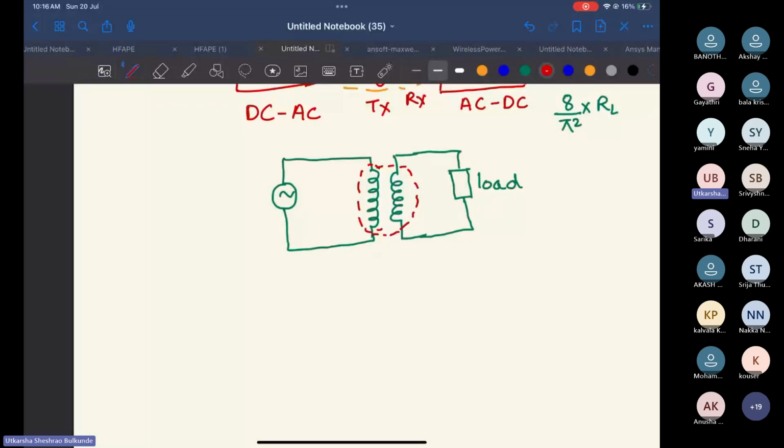But if there is inductance in the circuit, the VA rating of your circuit will increase, right? Reactive power will come into the picture because it will have a certain reactance. So now if I don't want this reactance, what can I do?